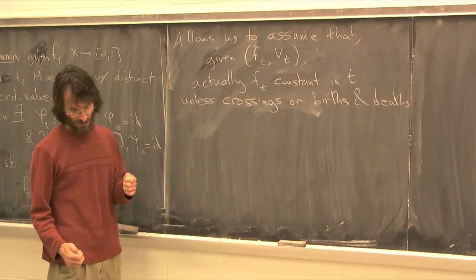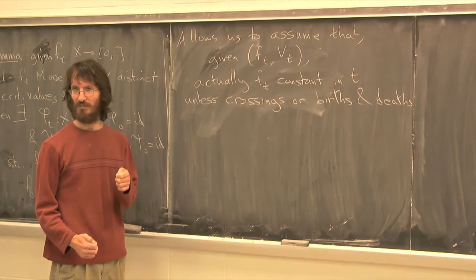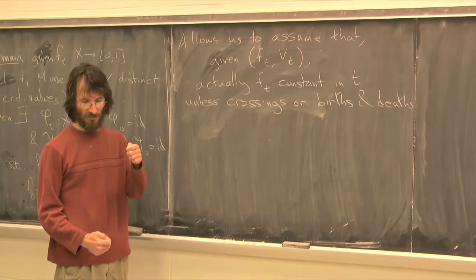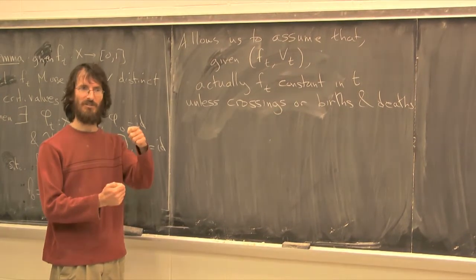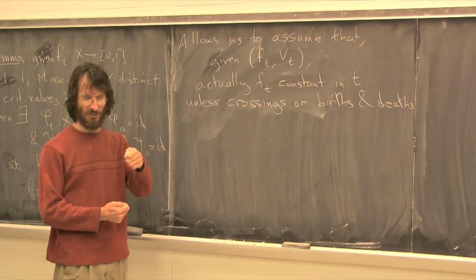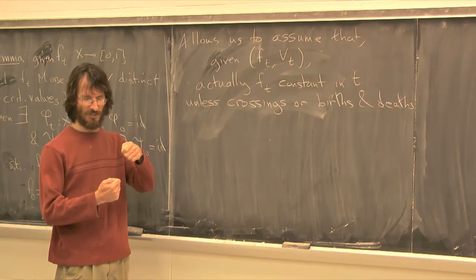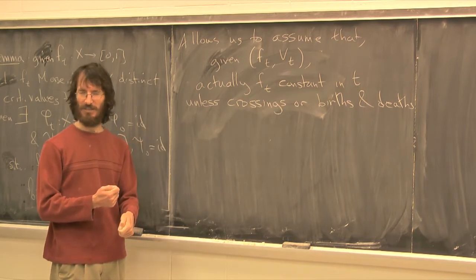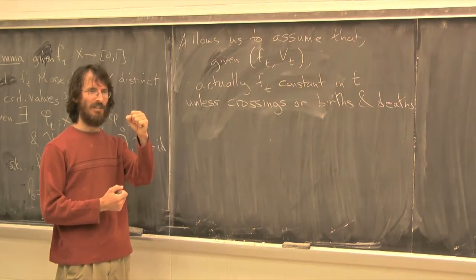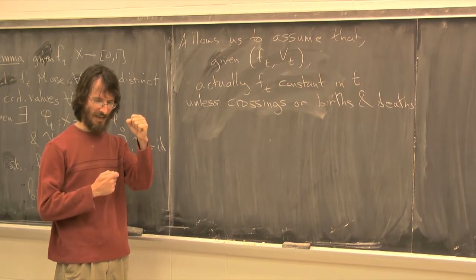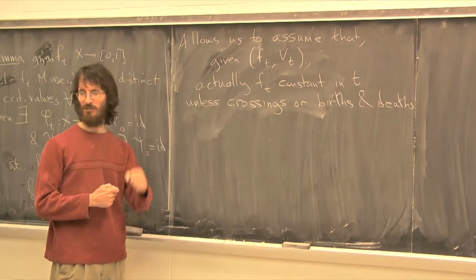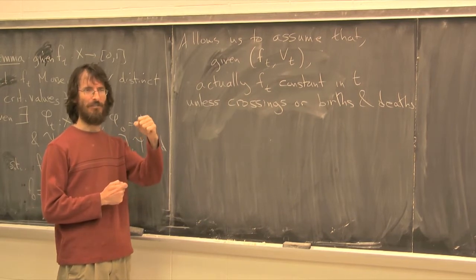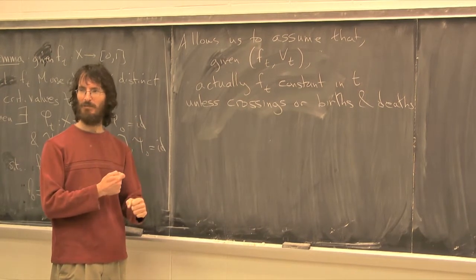So one thing you could do if you want to understand what's happening at a crossing is, I'm going to talk about lowering and raising critical values shortly. You can set up a standard model for what it means to lower a critical value, right? If I have a critical point and I want to move its value down by epsilon, I can write down a standard model for a one-parameter family that moves it down by epsilon.